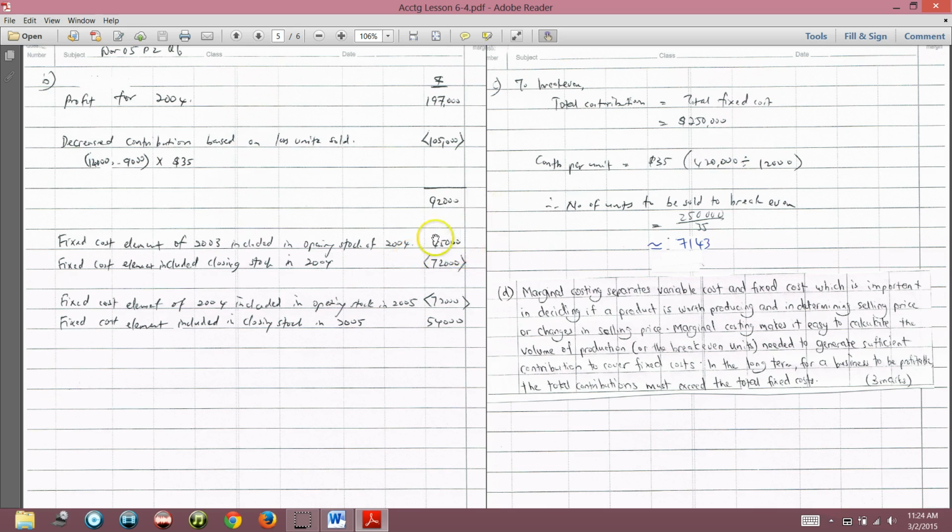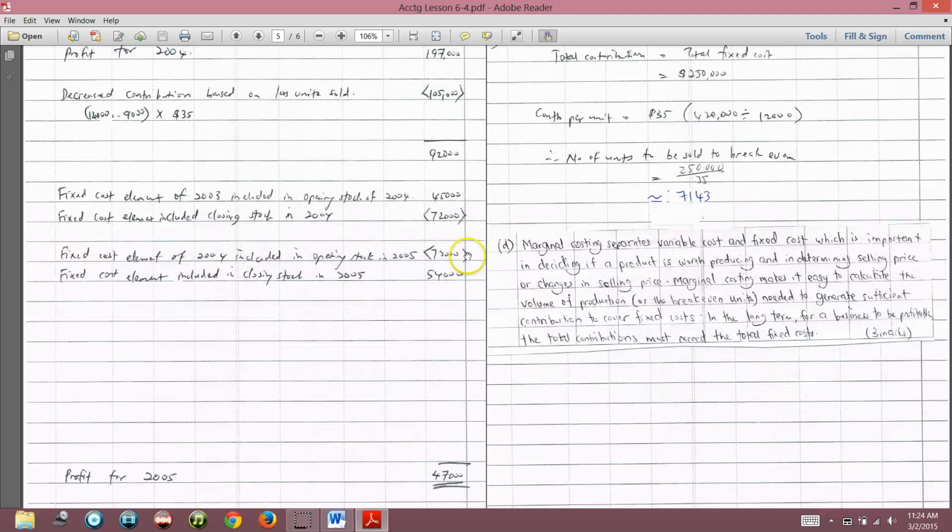For a fixed cost element of 2003 included in the opening stock, and then the closing stock figure also includes a fixed cost element.